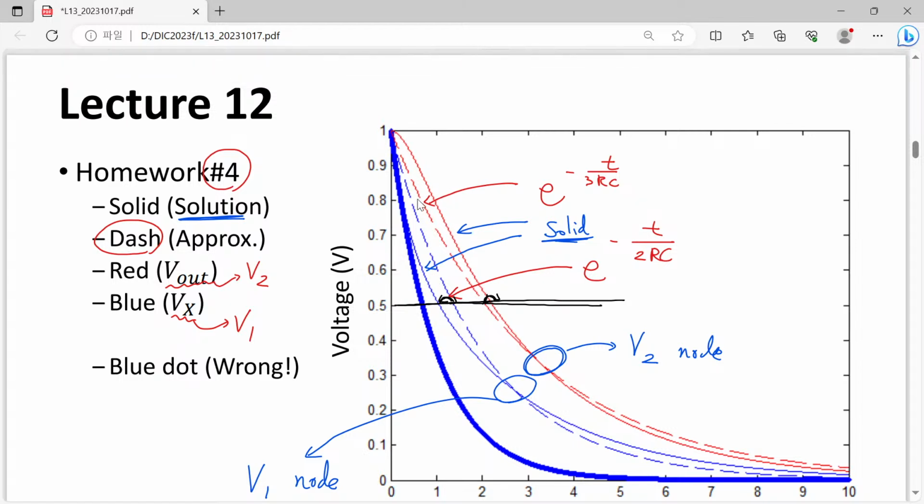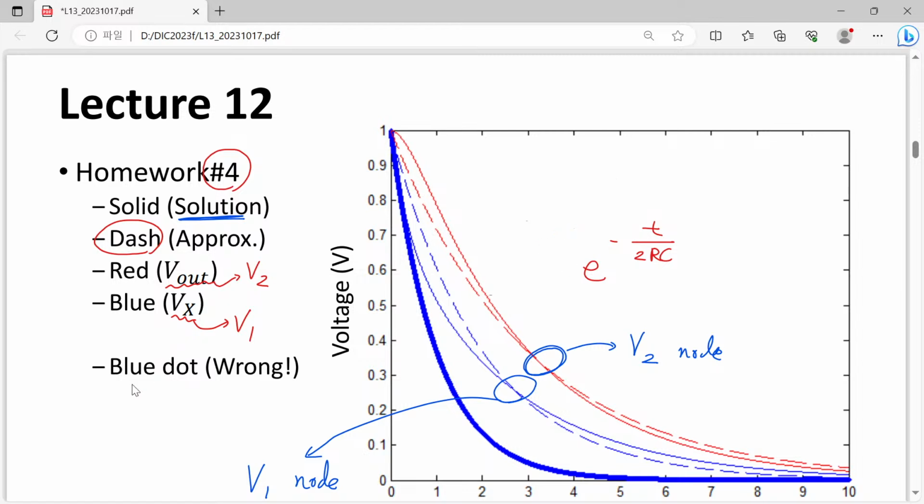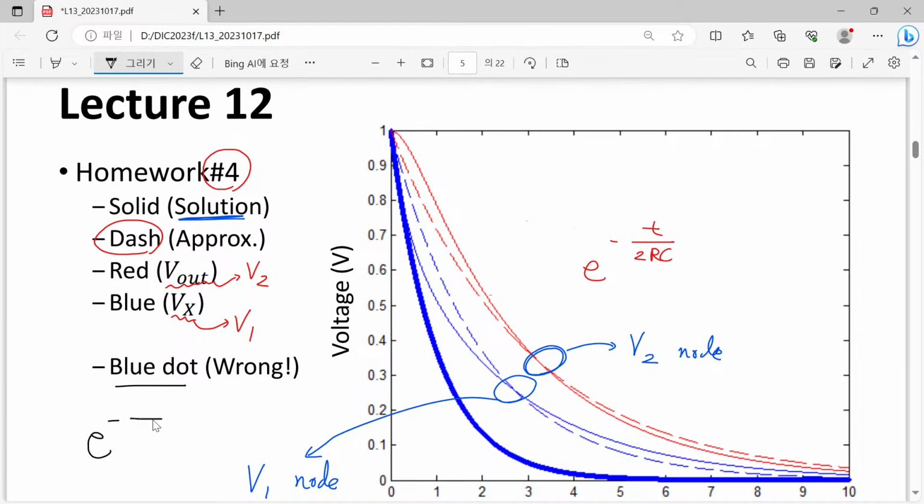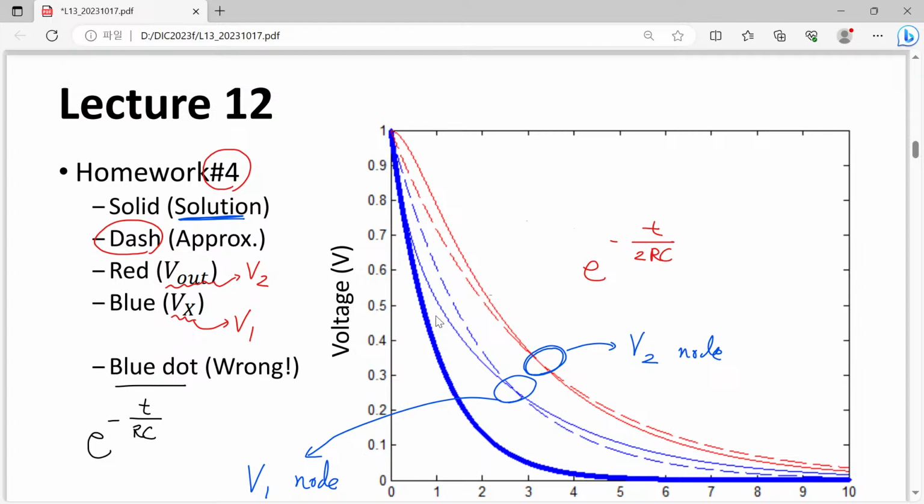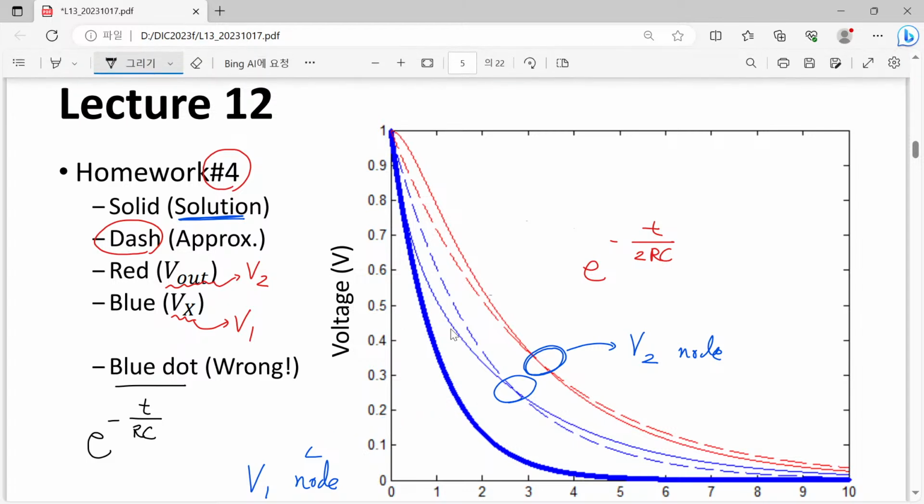So finally, I wanted to correct my previous lecture. What happens if I just use something like the exponential minus t over RC? That is completely wrong, and in that case you will have this one.